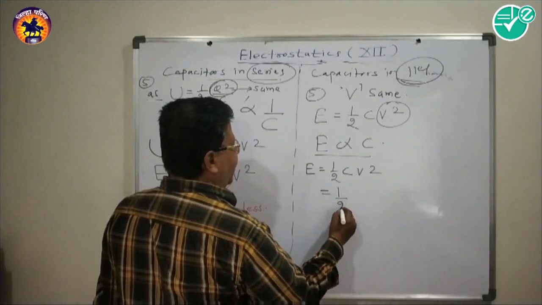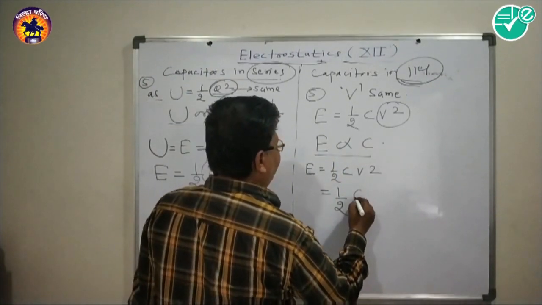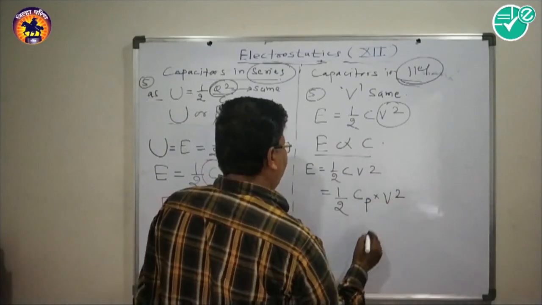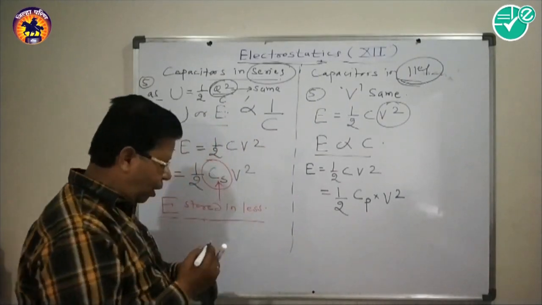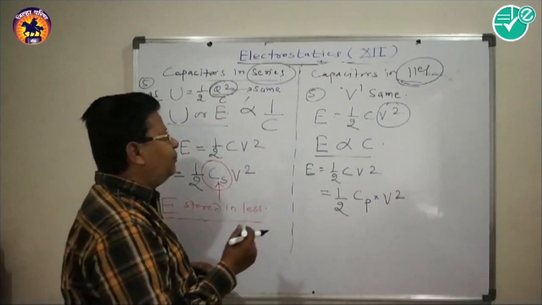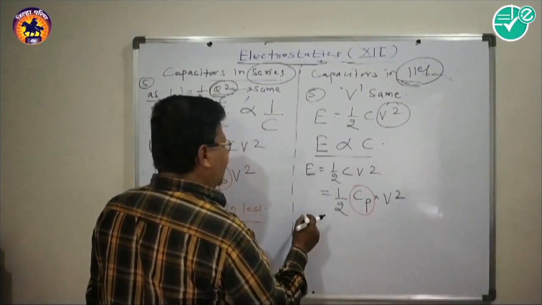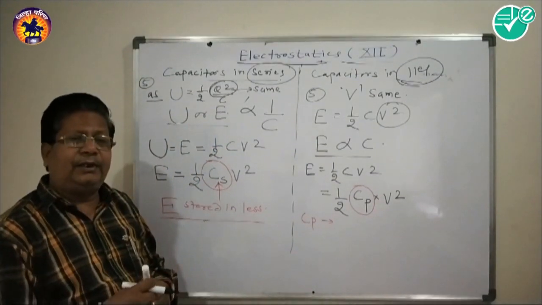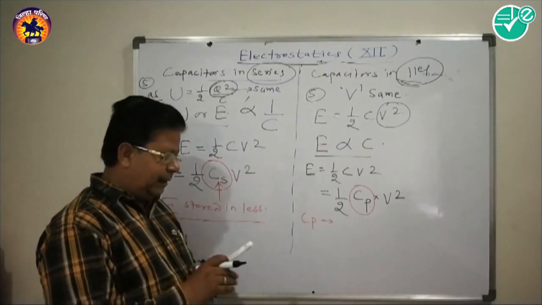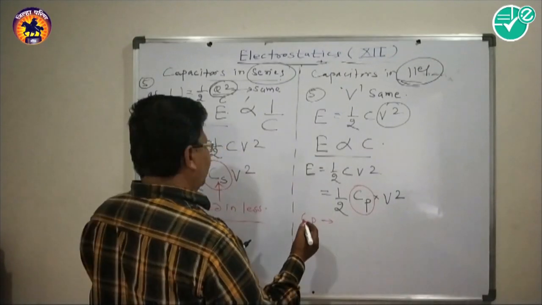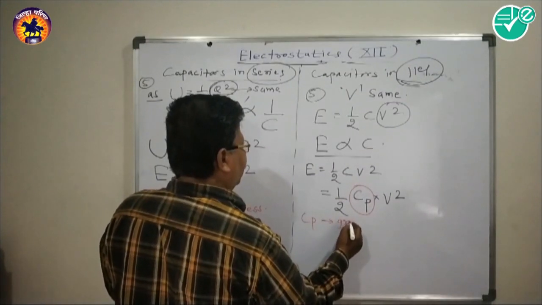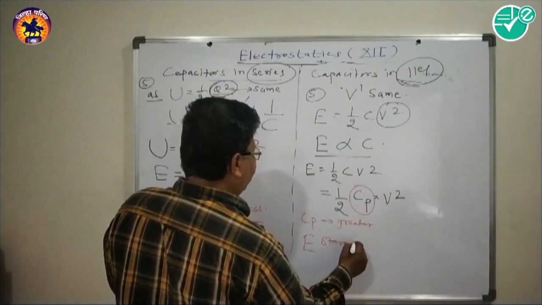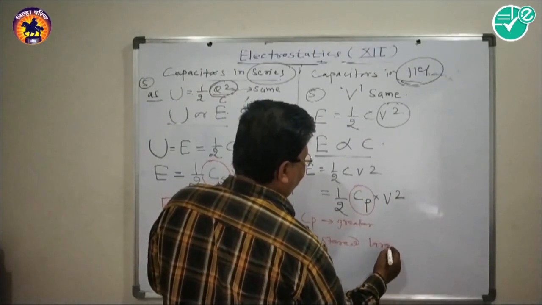As in the case of parallel combination of capacitors, we write the energy expression, which is equal to 1 by 2 Cp V square. Again, in the case of the parallel combination, the equivalent capacitance Cp is greater than the greatest value of capacitor in the parallel combination, and therefore as Cp is greater, the energy stored by the parallel combination is also greater.